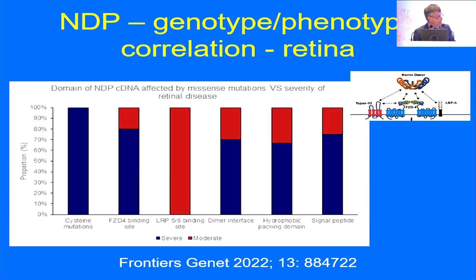If the effect is in the more peripheral binding site with the LRP5 receptor, then you don't get a severe retinal phenotype. Whereas if it's in the cysteine, which is very important for the formation of the Norrin dimer, then you fairly universally get a severe retinal phenotype. So there is some emerging understanding of that.